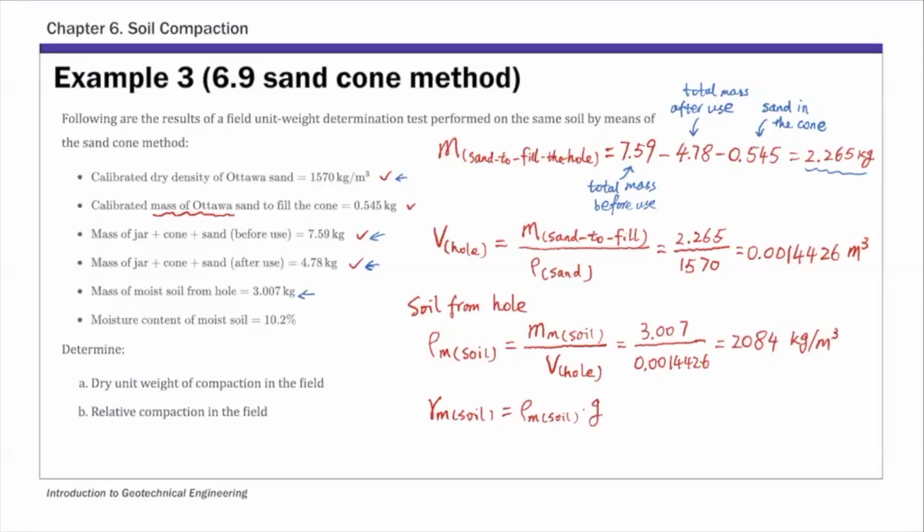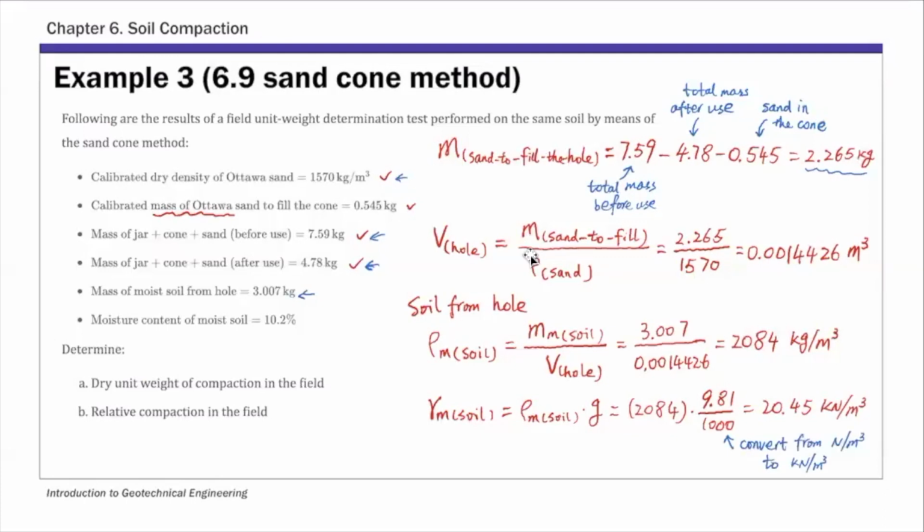So if you plug in numbers, and I'm going to convert the unit to kilonewton per meter cube, it's 2084, that's moist density, and gravitational acceleration, 9.81, and to convert to kilonewton, I'll divide that by 1000. So this gives us the unit weight, 20.45 kilonewton per meter cube. So again, this 1000 is to convert from newton to kilonewton. So that's the moist unit weight.